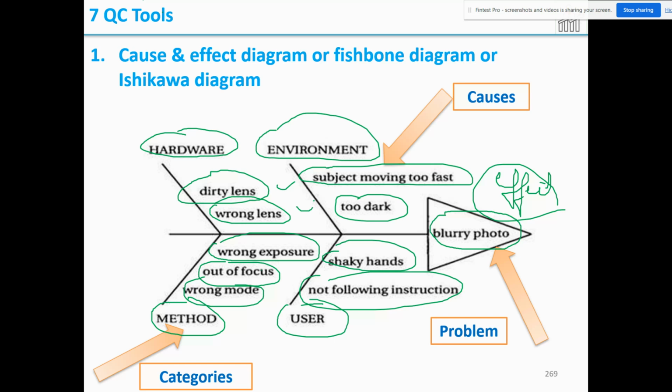After identifying, they go for a Gemba visit. What is Gemba? Gemba is the Japanese word for shop floor. They go to the shop floor, verify all this, and find out what is really causing the effect. Suppose they check the lens and there's no dirty lens; then this is not causing the output. Like that, they eliminate all the non-significant causes and identify the parameter which is affecting the blurry photo.